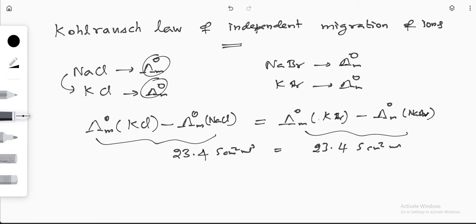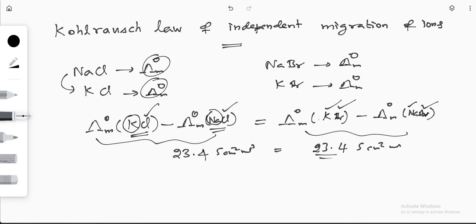Listen. Here, if you see these two electrolytes, the chloride ion, the anions, are the same. See the right hand side, again the anions are the same. So here the K plus ion and the Na plus ion, the difference of these two is 23.4. The same value is obtained for the difference of K plus and Na plus.